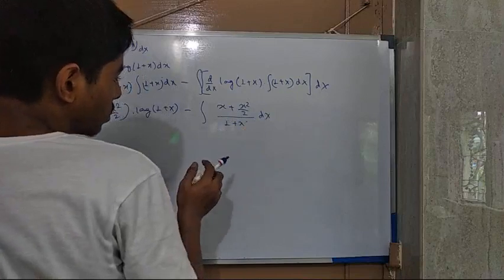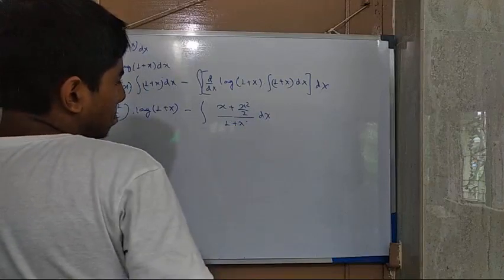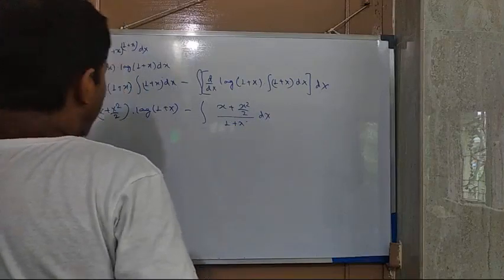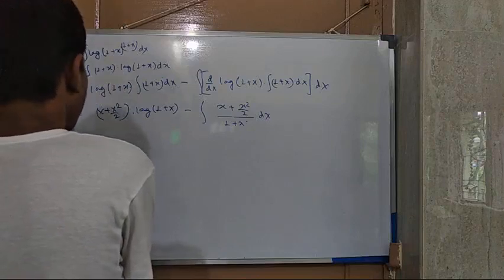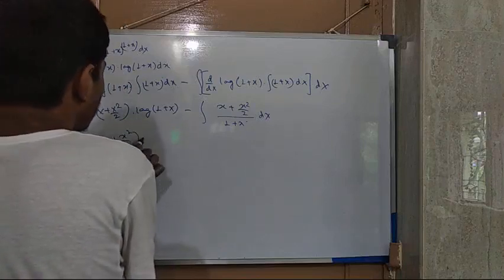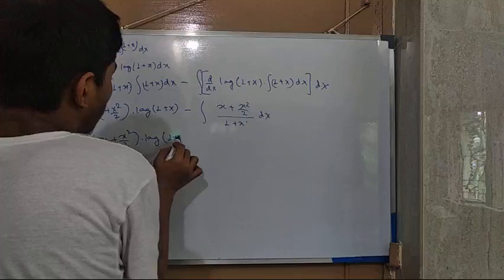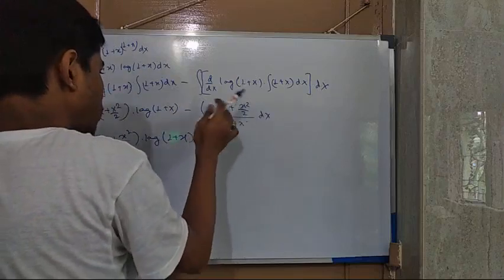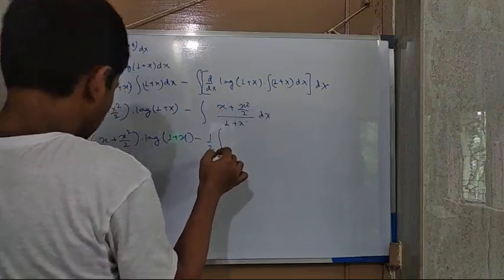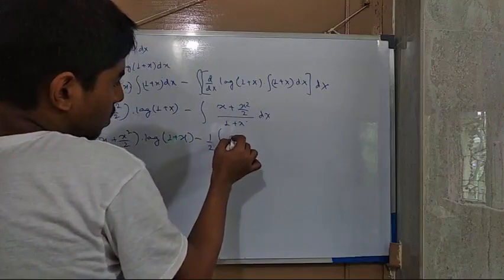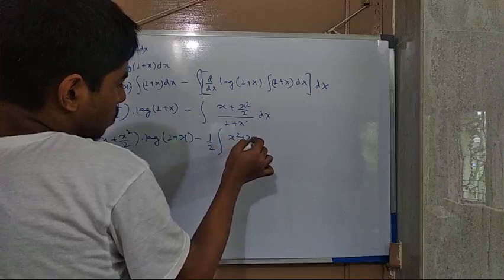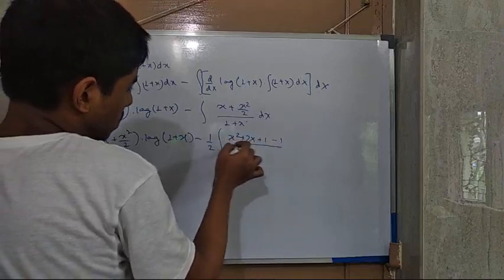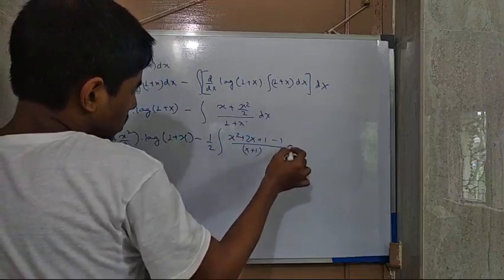So this is x plus x squared by 2 times log 1 plus x minus half integral of x squared plus 2x plus 1 minus 1 by x plus 1 dx.